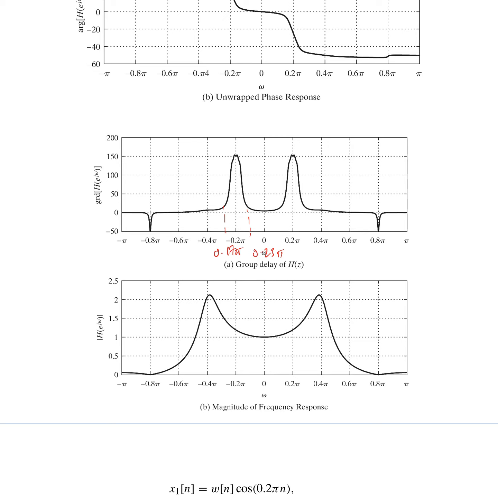Since the frequency response is evaluated for z equal to e to the power j omega, the zeros at 0.98 in the overall transfer function cause the overall frequency response to be very small around this band, right? And here you would see the large dip in the magnitude response.